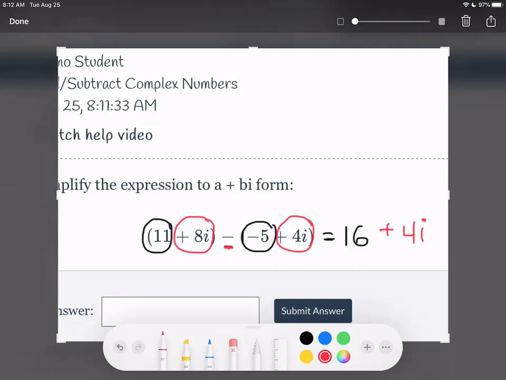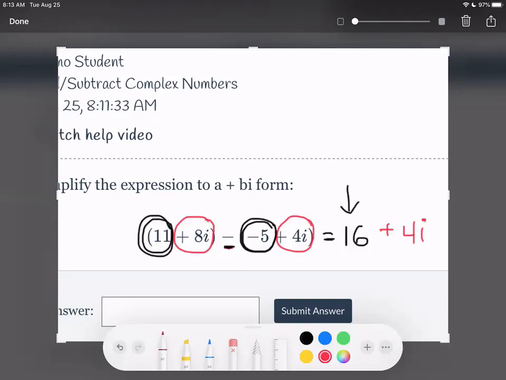Do you have any questions on this one? Wait, my computer lagged. How did you just get all of that? Okay, so we have our 11 and our -5, right? And we're going to subtract them because there's a subtraction symbol here. So 11 minus -5, that's really 11 plus 5. So that's how we got the 16 over here.